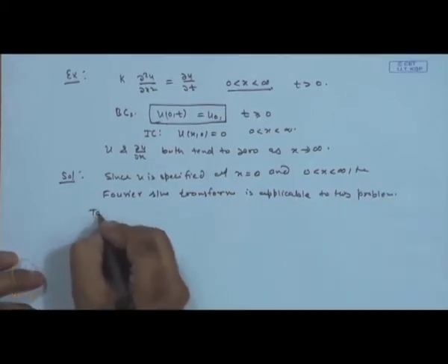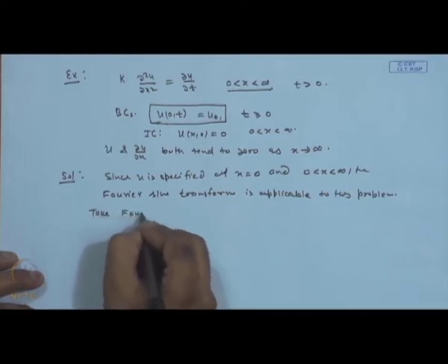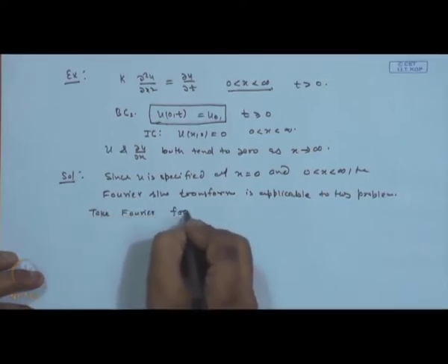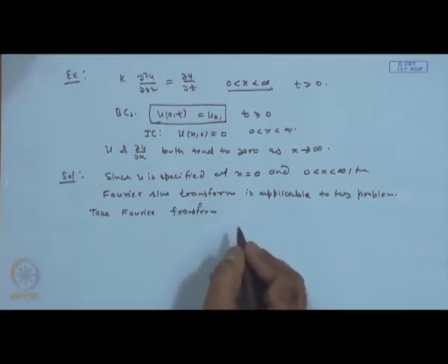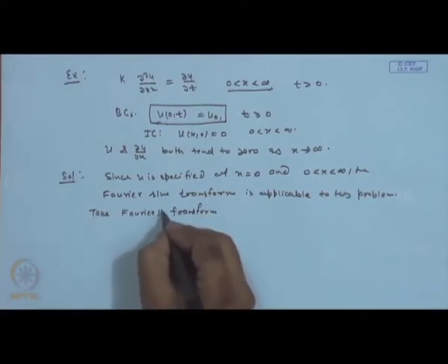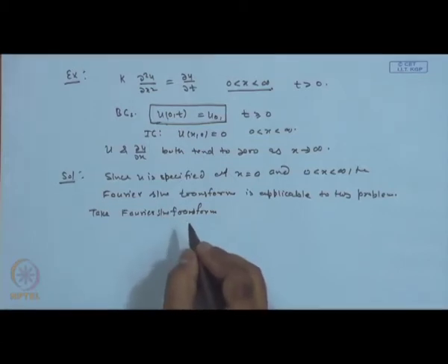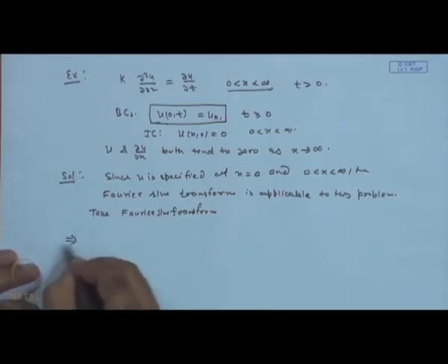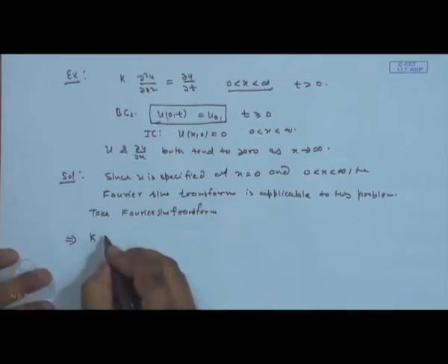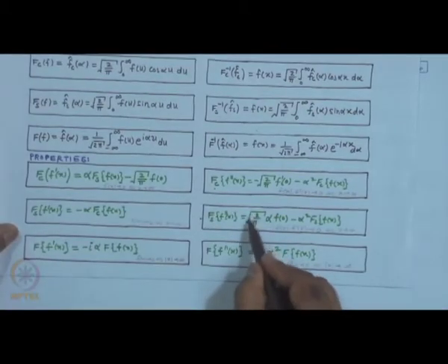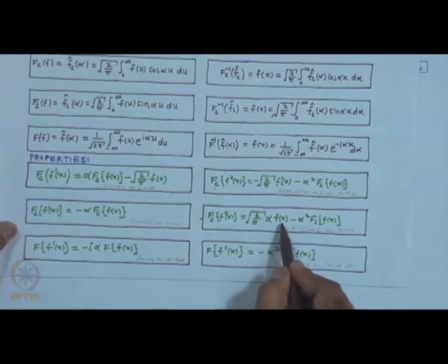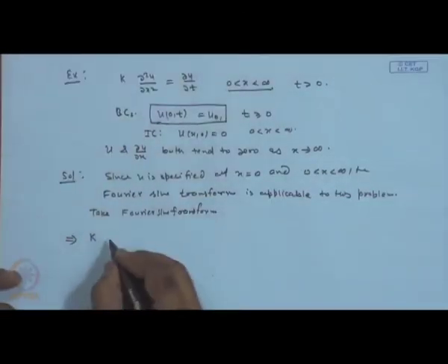So, taking the Fourier sine transform, what we get. So, this k is there, and for del 2 u over del x square, the second derivative sine transform, square root 2 over pi alpha f(0) minus alpha square Fourier sine transform.